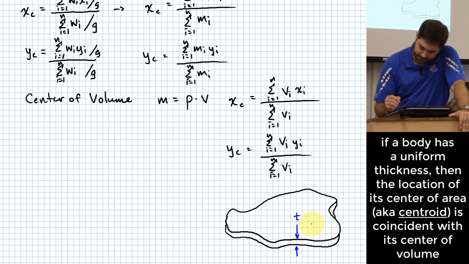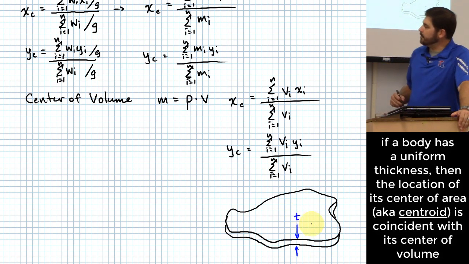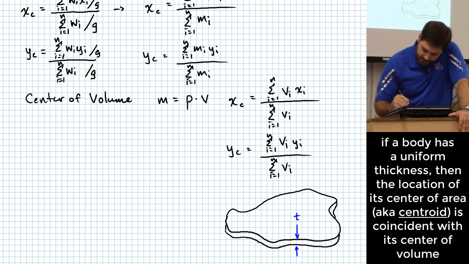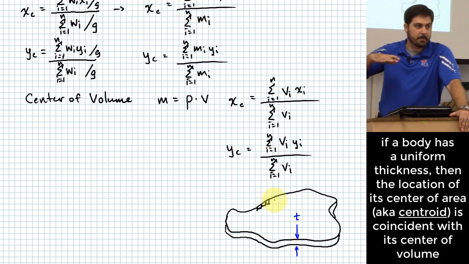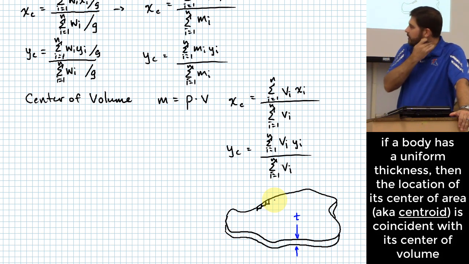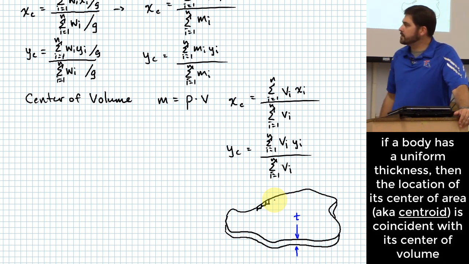Okay? And you can imagine this as being a bunch of little chunks of material, right? Like this is a whole bunch of just these little squares of material that compose this whole piece, right? They've got a uniform thickness, uniform density, right?